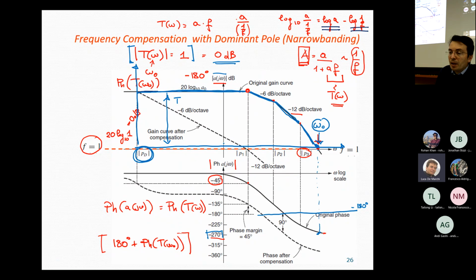F has not changed, so is equal to 1. So basically, we have a new omega null, which is now coincident with this point here, where the red dashed curve crosses.